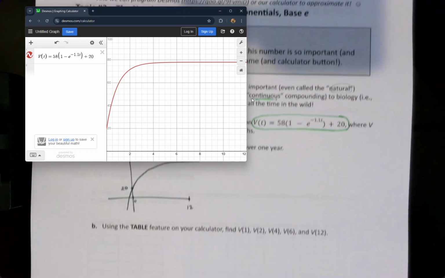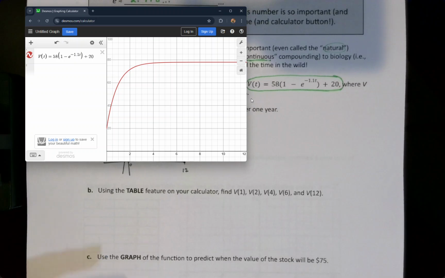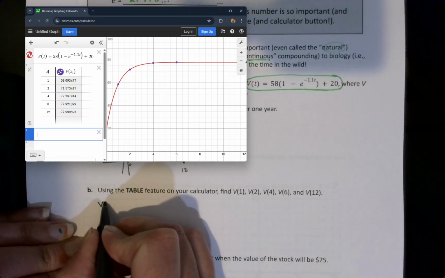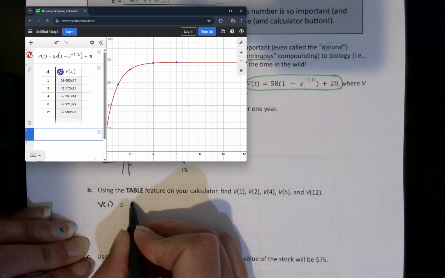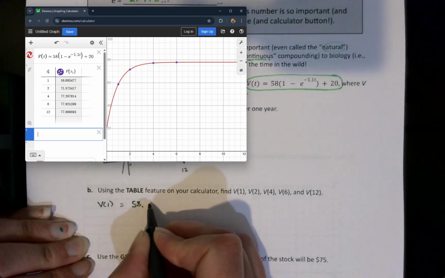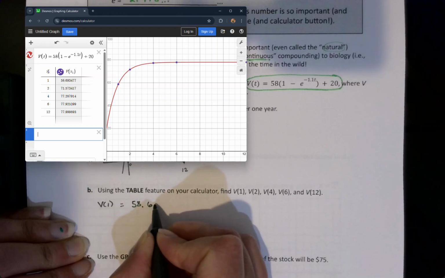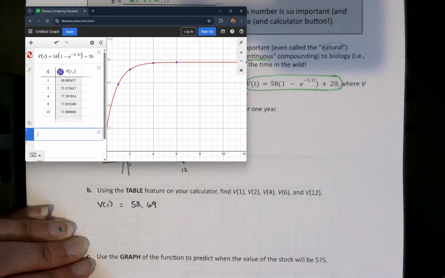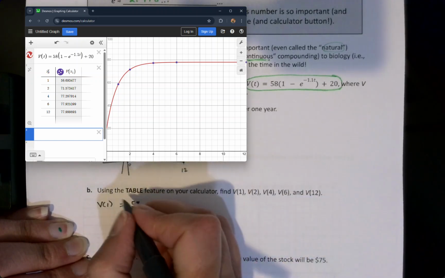All right, so we want to use the table to find V of 1, 2, 4, 6, and 12. So we want to evaluate the function V at the inputs of 1, 2, 4, 6, and 12. So V of 1 is 58.69. There we go. So after 1 month, the stock value is $58.69.